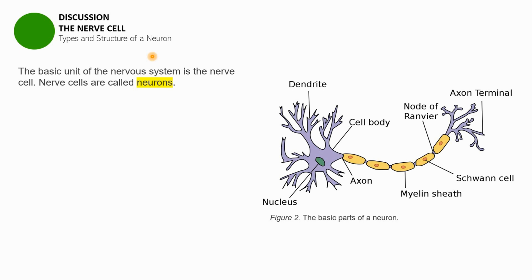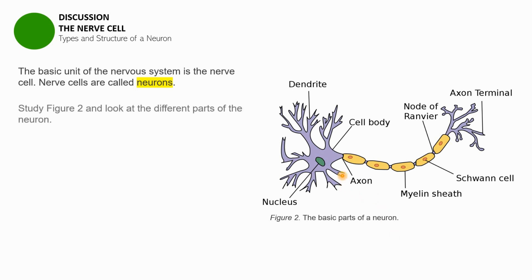Nerve cells are also called neurons. So when we say neurons, that is the same as saying nerve cells. And if you are fond of using shorter terms, you can do away with the words nerve cells and just use the term neurons.